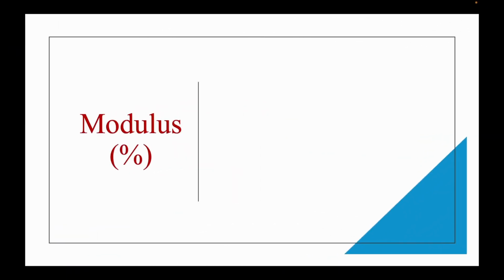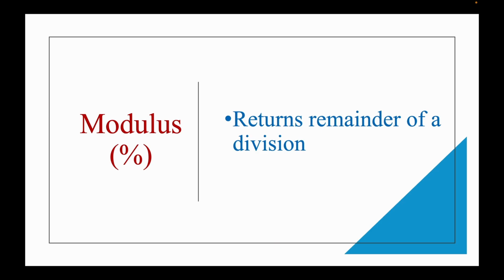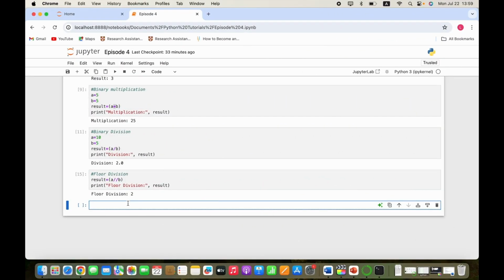Next is modulus operator. It performs division but it returns the remainder as a result. Let's write code as modulus operation.